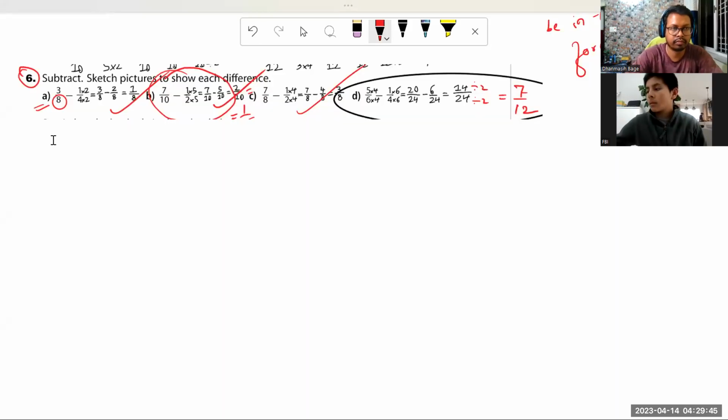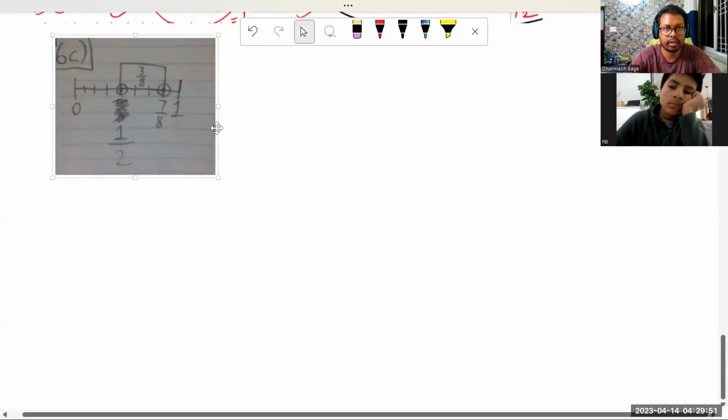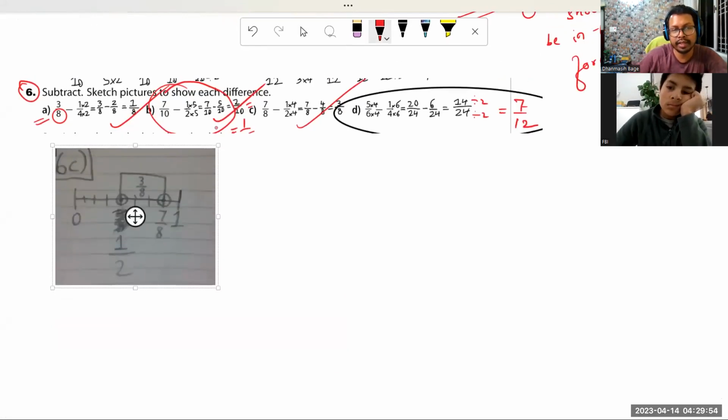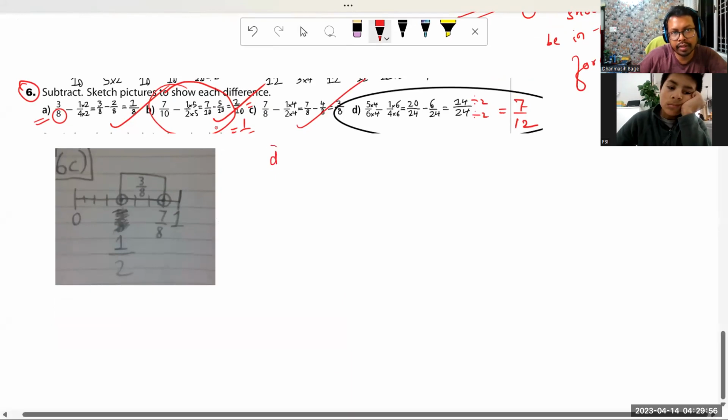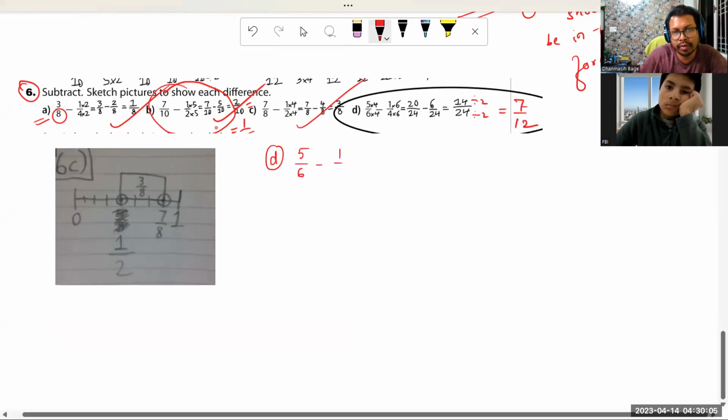Yes, correct. Now, as for D, can you redo it? 5/6 minus 1/4.